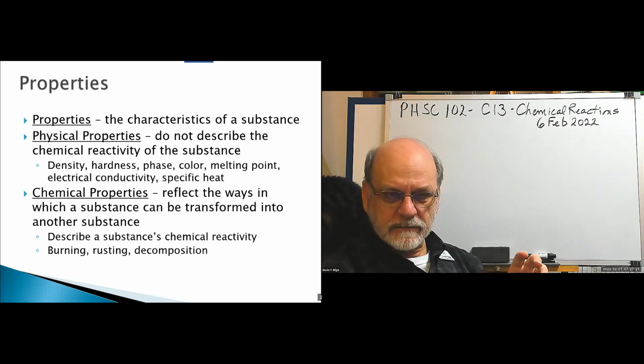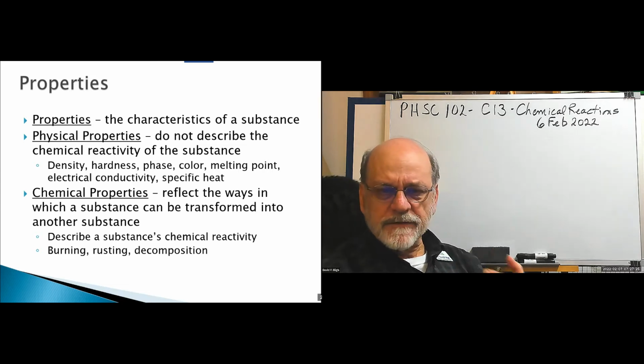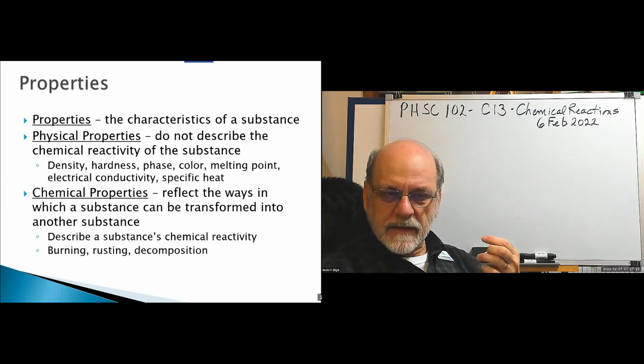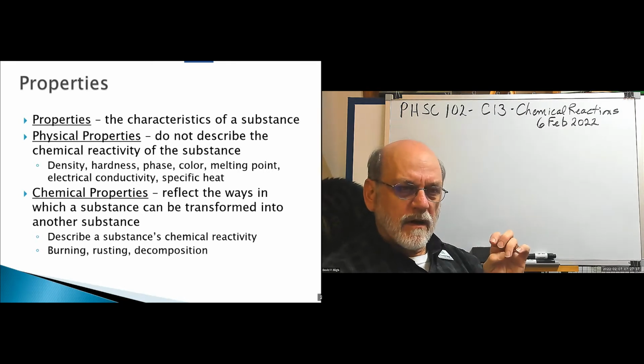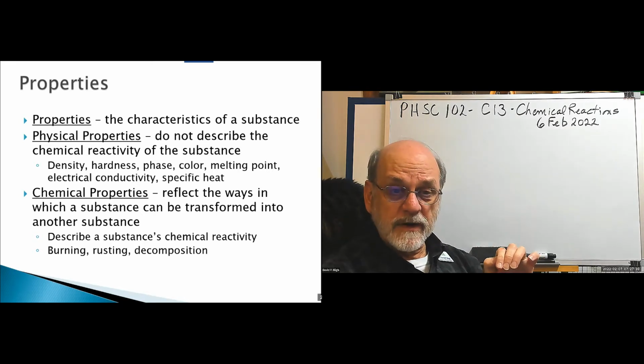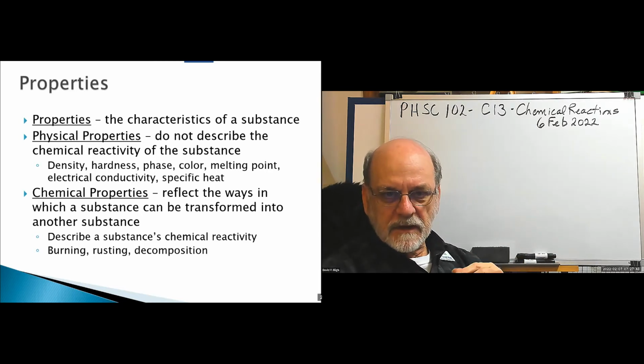These are properties. Some of those properties may be physical in nature. It's often convenient to think of properties as the potential for a substance. What does it have the potential to do?